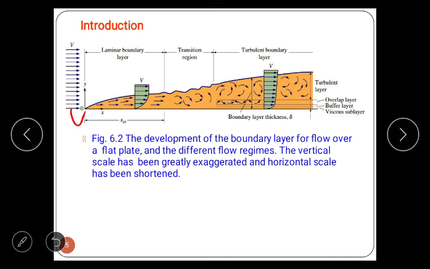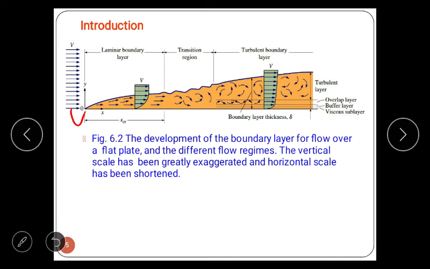Further, as the distance increases, x being along the horizontal axis, as the distance along the plate increases, the fluid flow becomes a transition region, meaning some lines are parallel to each other and some lines are crossing each other.